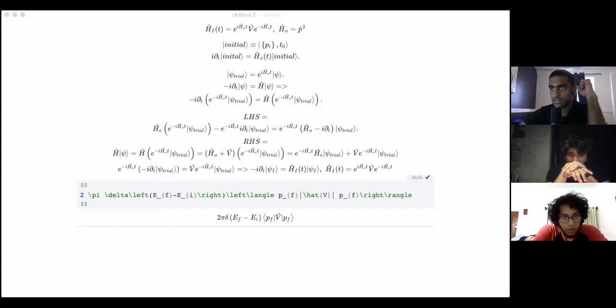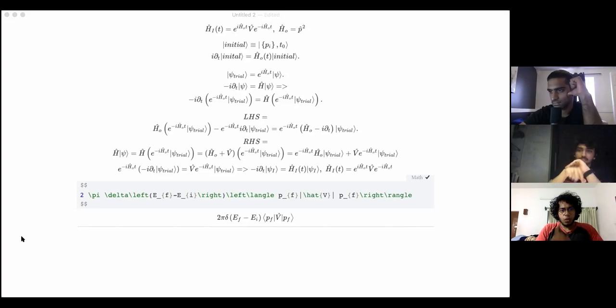It's the first term in the expansion of the time-ordered exponential, right? It's wedged between two states. The right-hand side, the sandwich between the P_f, is equal to one.